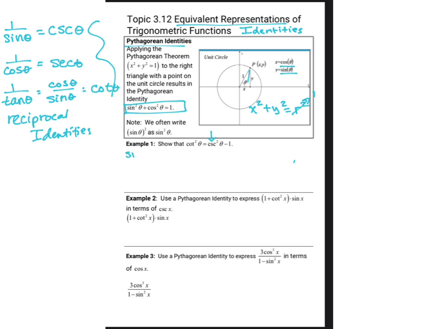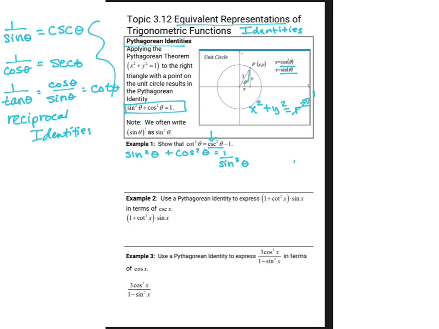We're going to take our sine squared theta plus cosine squared theta equals 1 and make our 1 be cosecant squared. We know that cosecant squared is equal to 1 over sine squared theta. Are you following this?